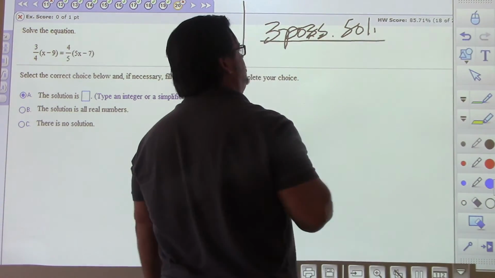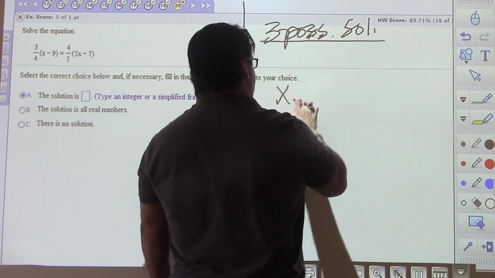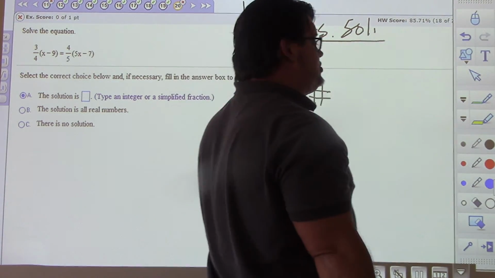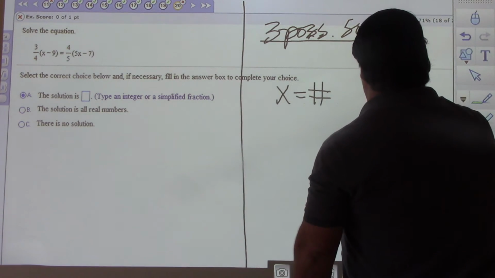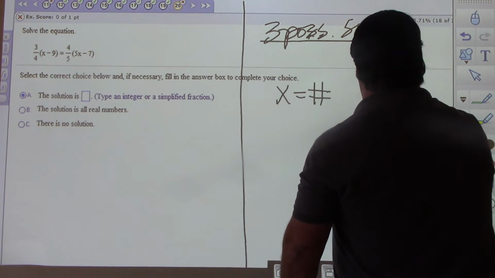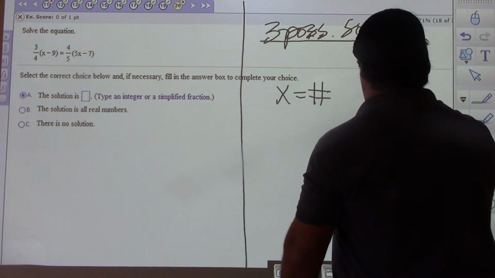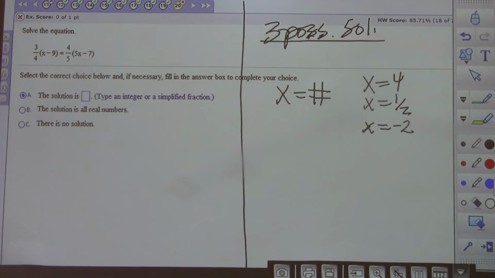Three possible solutions. 90% of the time, you're going to get x is equal to a number. This is the most common, usually x is equal to 4, x is equal to 1/2, x is equal to -2. This is called a real solution.